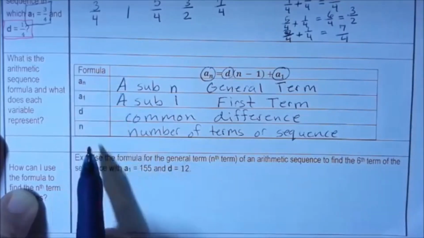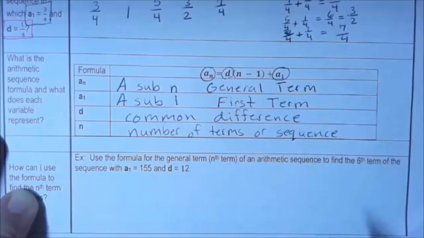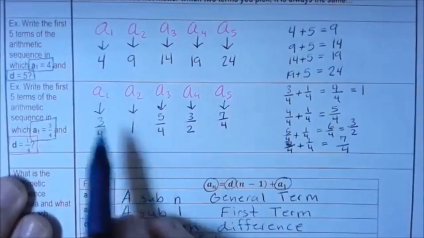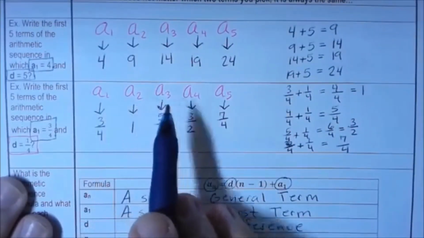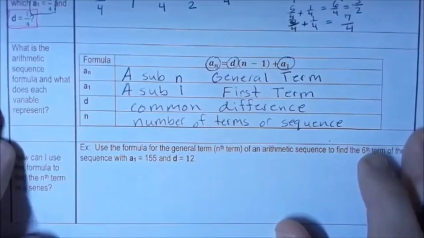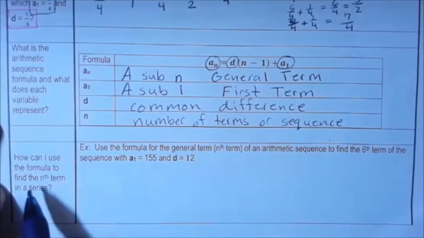So now you know what every letter stands for with this formula, and you see the formula. Now I want to use it on a problem and show you how it's helpful, how we can keep from having to manually add or subtract some value over and over again. We can just use the formula and find the term right away. So notice it says, how can I use the formula to find the nth term in a series?